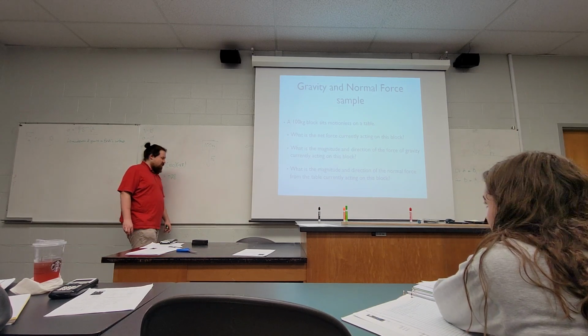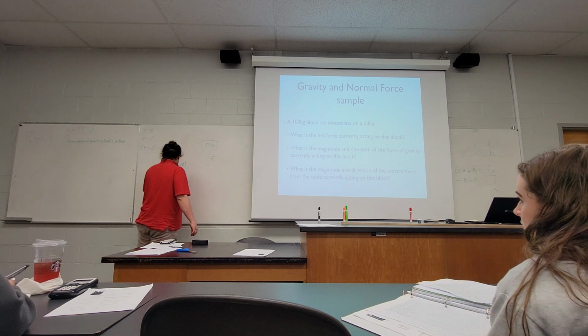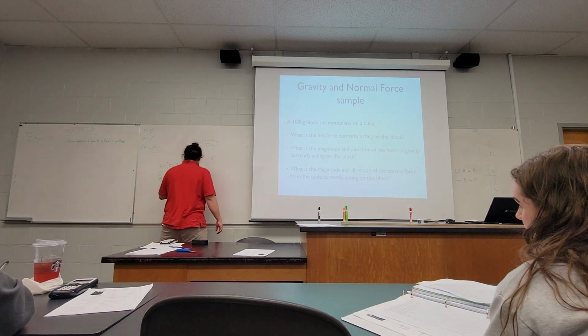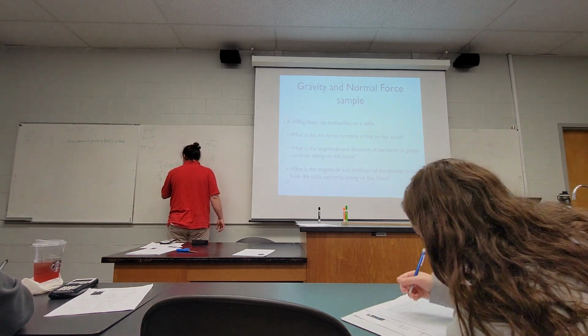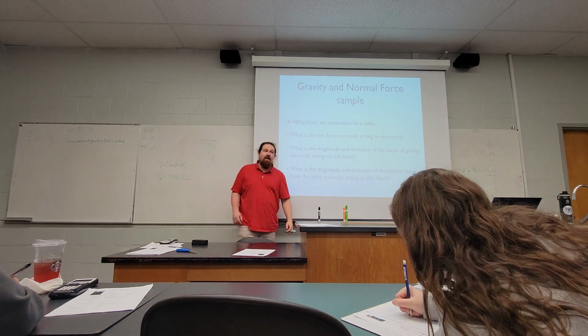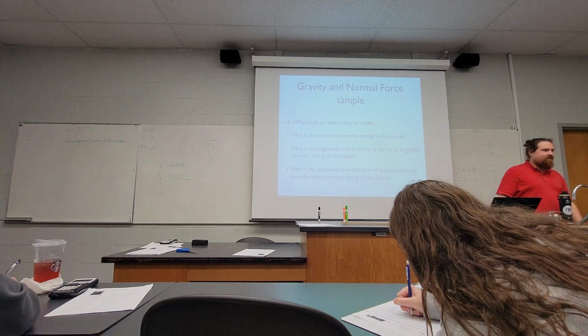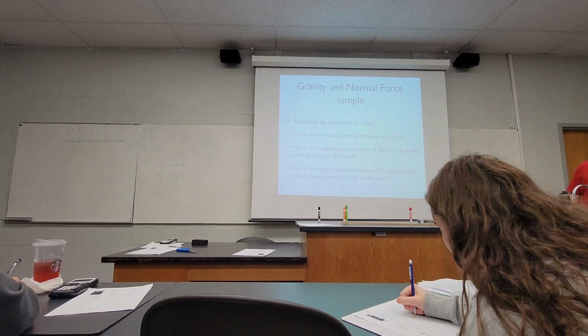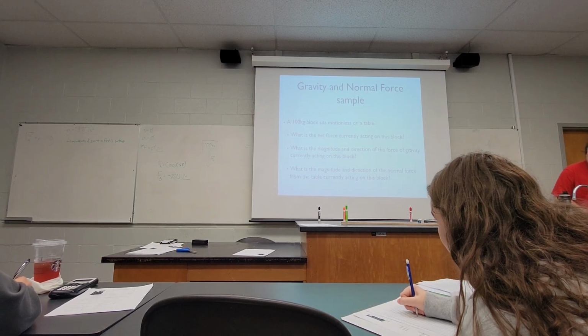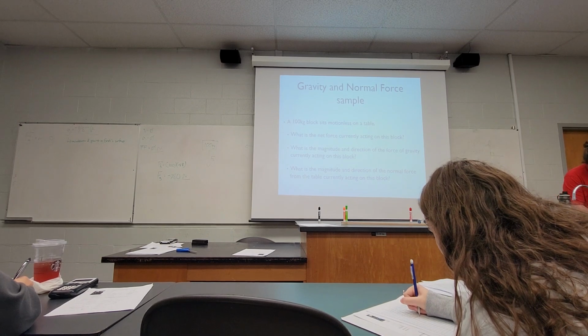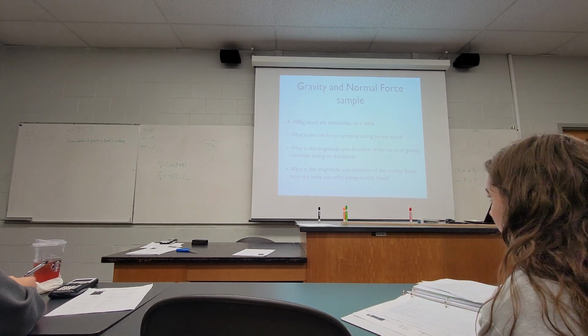I'm having a brain fart moment. 980. Thank you. This is a sign I'm dehydrated. The negative means down. I want to make that clear. I always keep the negative there because it's always true, because gravity always points down. Even if you go to another planet, even if you rotate your perspective, it still points to the center of the Earth.